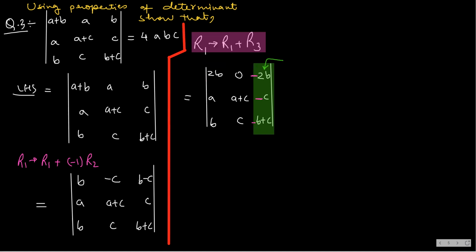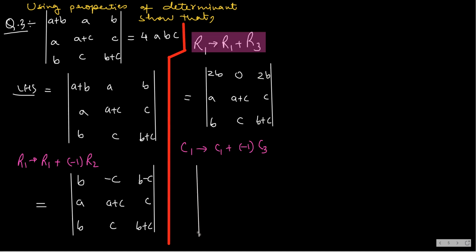Students, if you are thinking why am I going after zeros, the reason is if I have zeros, the expansion of the determinant will become easier. The more number of zeros I have, the better and easier it is for expansion. So I will write here, C1 changes to C1 plus minus 1 C3.